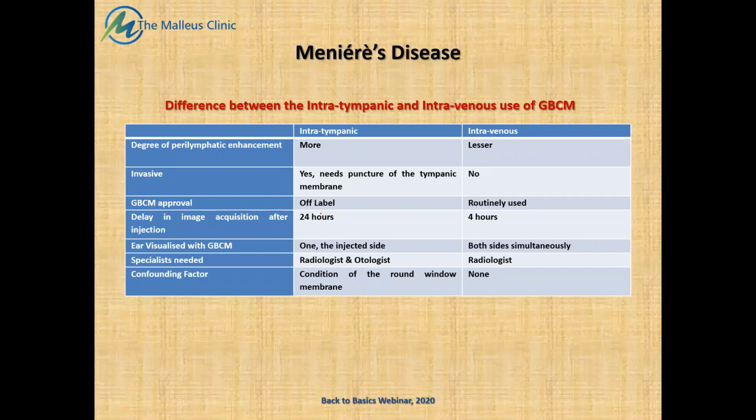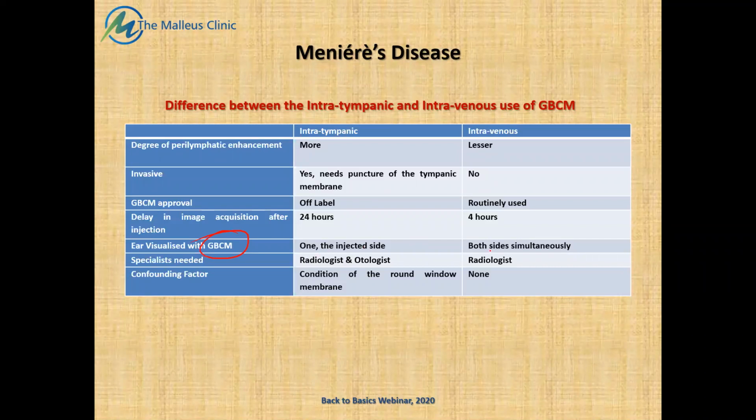The other important part is asking the patient to come back after 24 hours, whereas in the case of intravenous gadolinium, it's a wait of 4 hours. Again, the contrast enhancement or the visualization of the endolymphatic hydrops is only localized to the side wherein you've injected the gadolinium as far as the intratympanic modality is concerned.